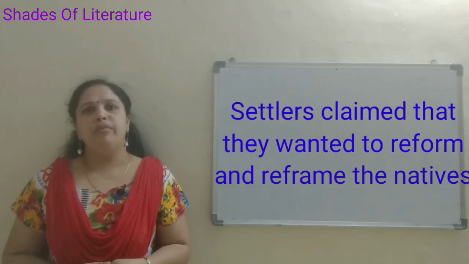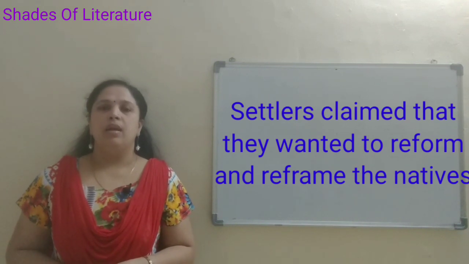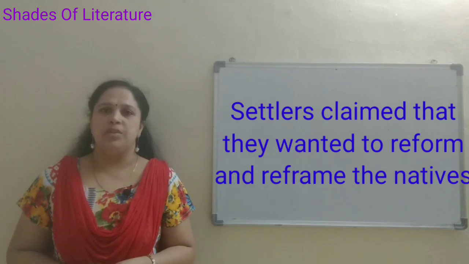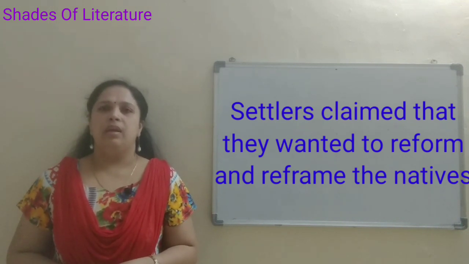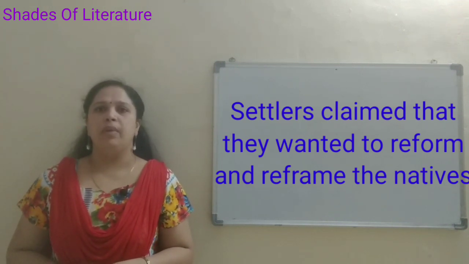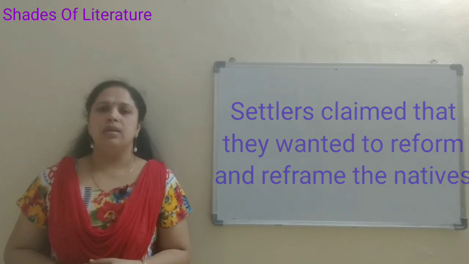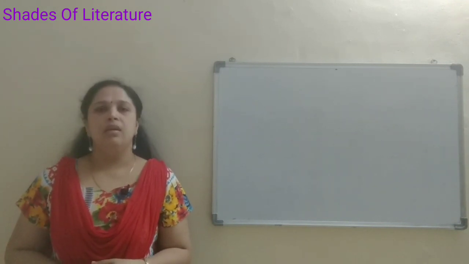They wanted to reform and give a better life to the inhabitants over there. The settlers thought that the inhabitants are savage people, they are primitive, they don't have any knowledge about etiquette and manners, so they wanted to reform and reframe the community to which they came. This was the simple answer given by the settlers.